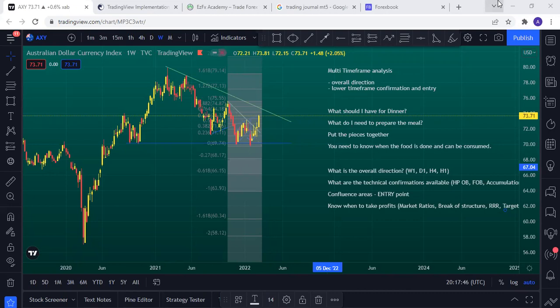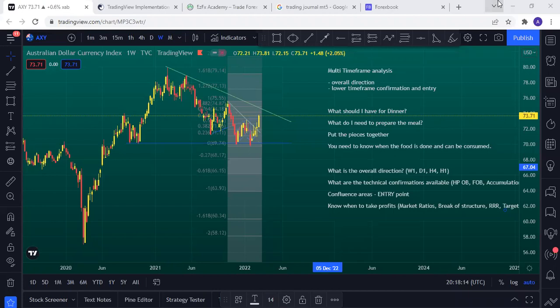Now, remember when I mentioned this, I talked about getting a recipe book. When you want to cook, you get a recipe book that gives you a step-by-step approach and tells you, when you get a measure of this, this is what you should do. A pinch of salt here, a little bit of vinegar here, a sprinkle of this, a sprinkle of that, chopped vegetables, cabbage, whatever it is that you prefer.